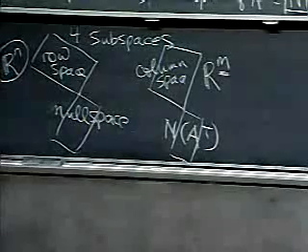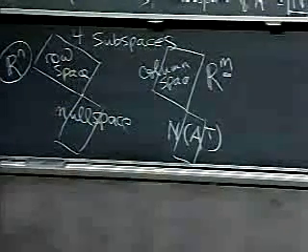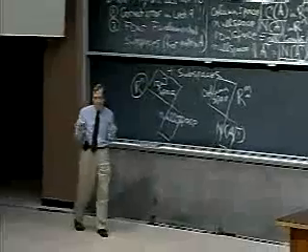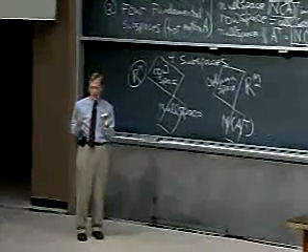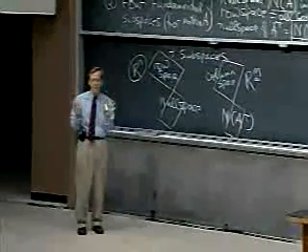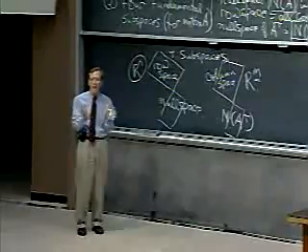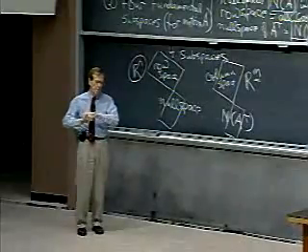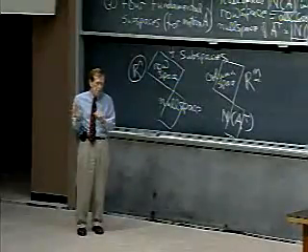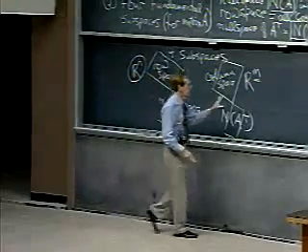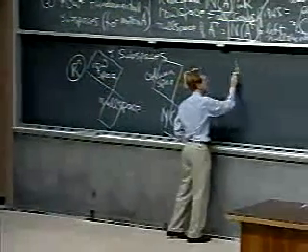Okay. To understand these spaces is our job now. Because by understanding those spaces, we know everything about this half of linear algebra. What do I mean by understanding those spaces? I would like to know a basis for those spaces.